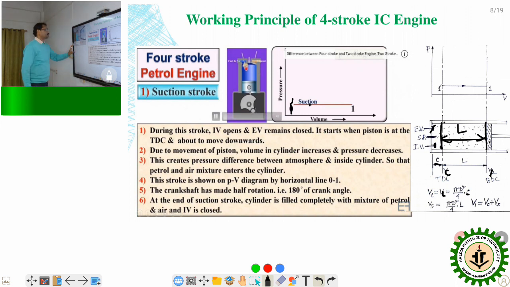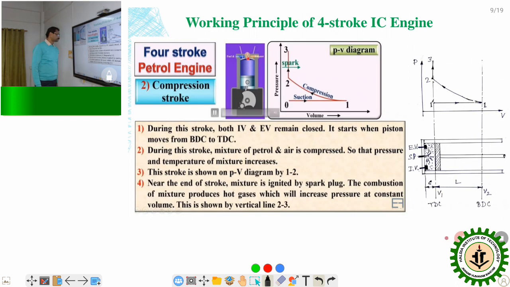Now, there are a few points to be noted here. During the intake of the charge, the inlet valve will be opened and the exhaust valve will be closed, and the piston will move from top dead center to the bottom dead center.